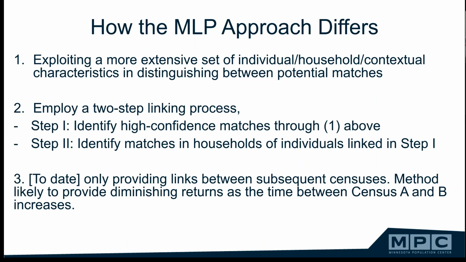One is that we are exploiting a more extensive set of individual, household, and contextual characteristics when we are distinguishing between potential matches. As Steve mentioned in his previous presentation, typically in linking efforts, there's been a more or less unique reliance on characteristics that don't change over time.